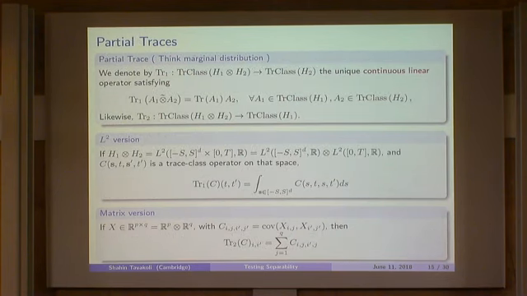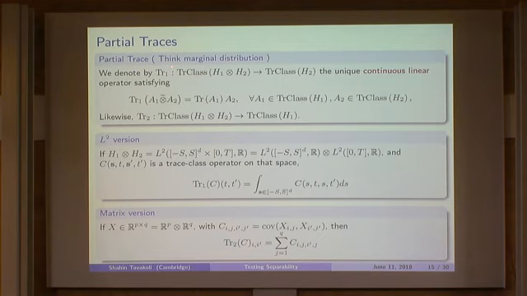Good. So to introduce this, I need to introduce a concept called partial trace. Okay. So what is a partial trace? It's a mapping that goes from the operators on H1 tensor H2 to the operators on H2. It does the following thing.